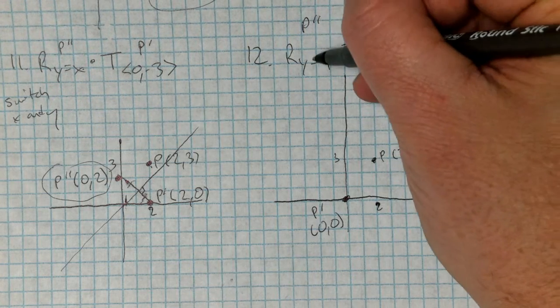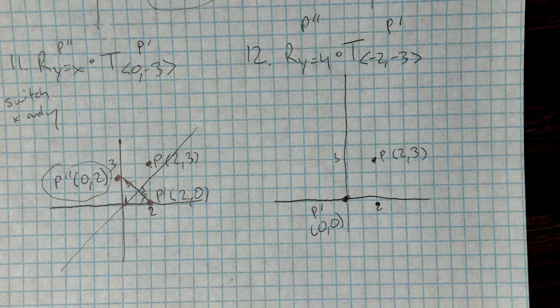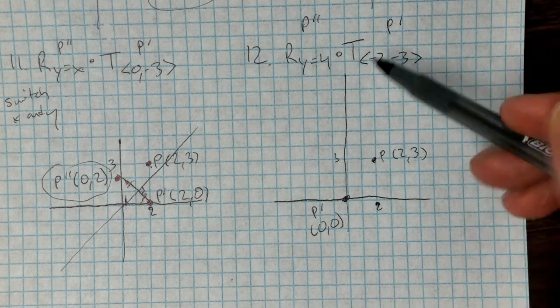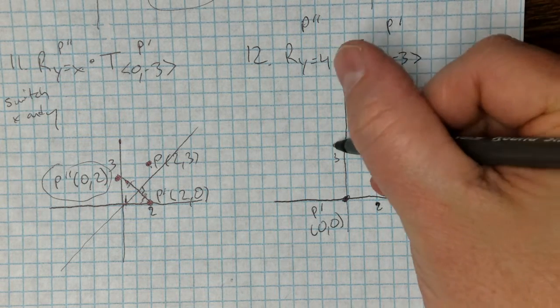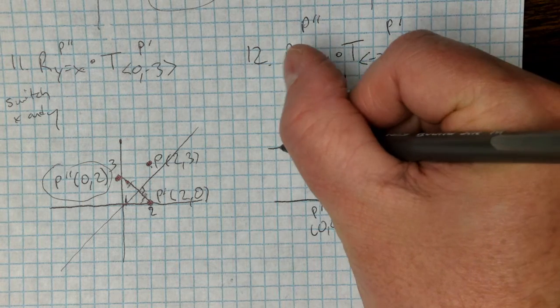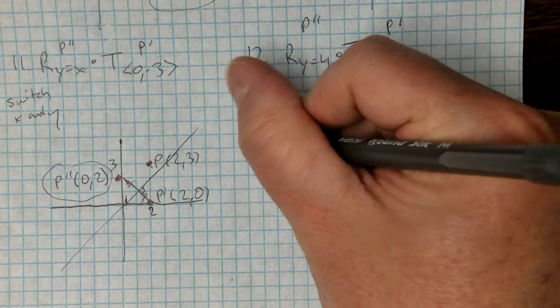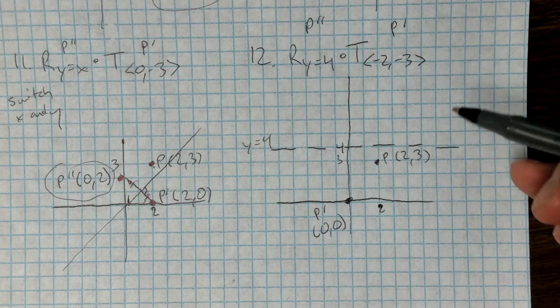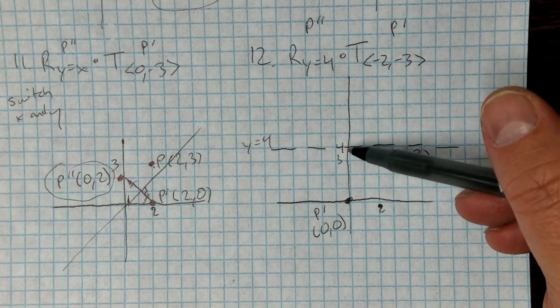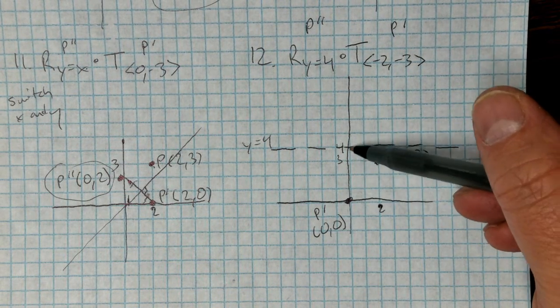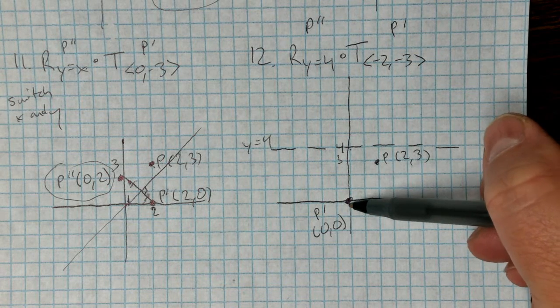And then the P double prime part is reflecting across y equal 4. So remember, y equal 4 would be a horizontal line. And so what you do is, from here down, you're counting 1, 2, 3, 4 units.